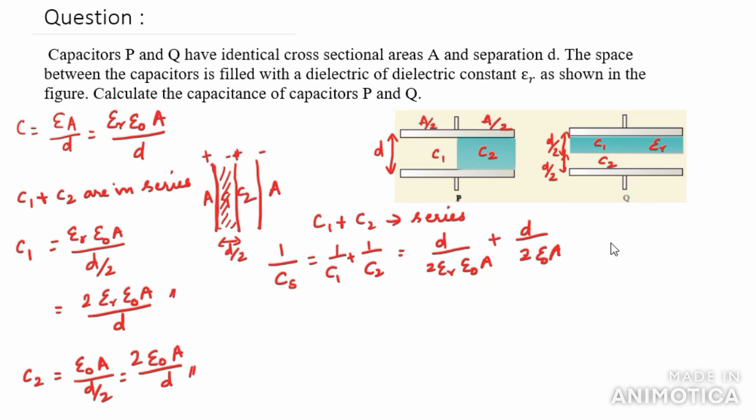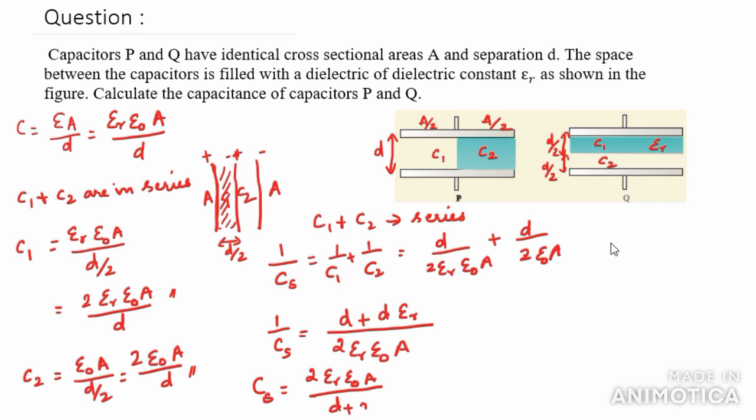Taking the LCM, it is equal to D plus D into epsilon r over 2 epsilon r epsilon naught A. So this is 1 by Cs. So Cs, the resultant capacitance, is equal to 2 epsilon r epsilon naught A by D plus D epsilon r.